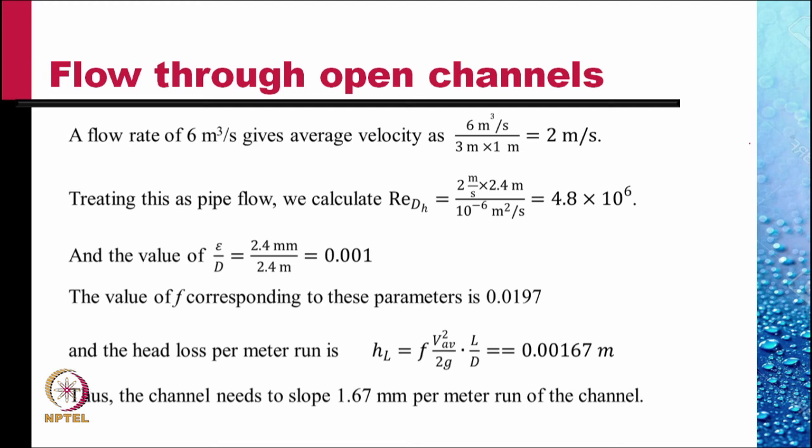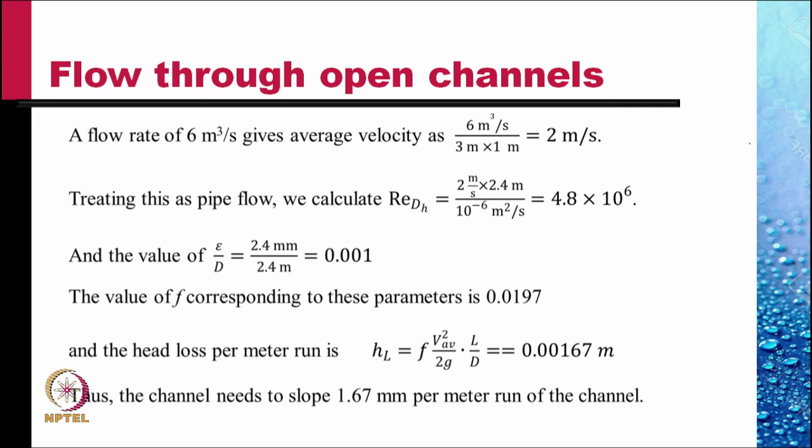And the head loss per meter run is then given by h_L equals f times V squared divided by 2g, into L by D. If I plug in all the values, I get a head loss equal to 0.00167 meters.